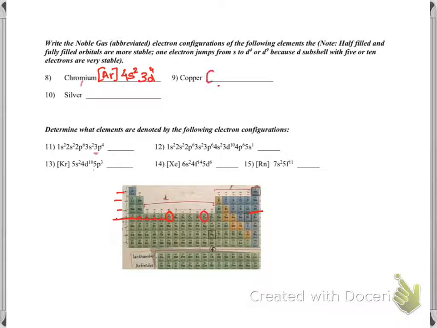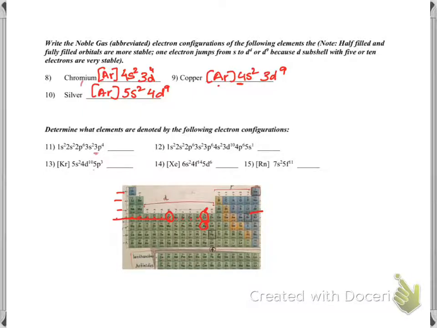So same argon, 4s2, but now it is 1, 2, 3, 4, 5, 6, 7, 8, 9, 3d9. Silver is here. If this is 3d9, that means this will be 4d9. So argon, because we are one row down, it will become 5s2, 4d9.